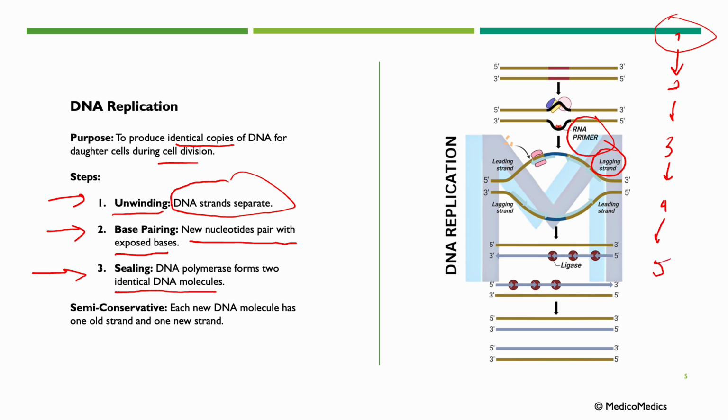After that, we enter step 5. So we have primer removal and replacement. So RNA primers are removed by DNA polymerase 1 or similar enzymes and are replaced with DNA nucleotides.